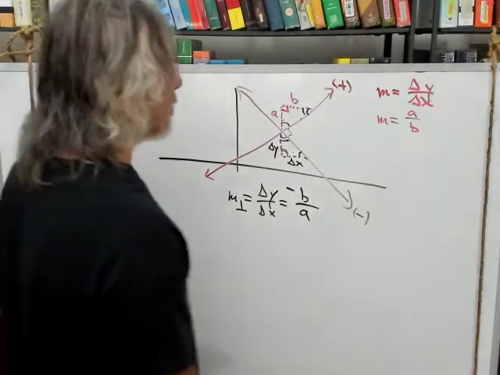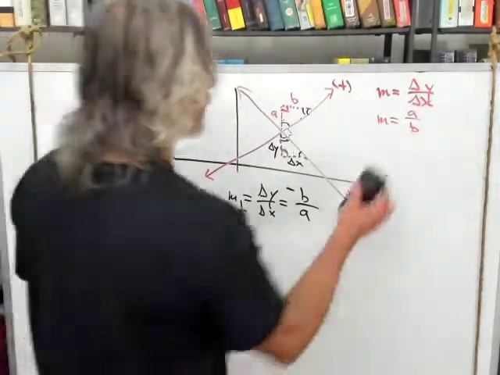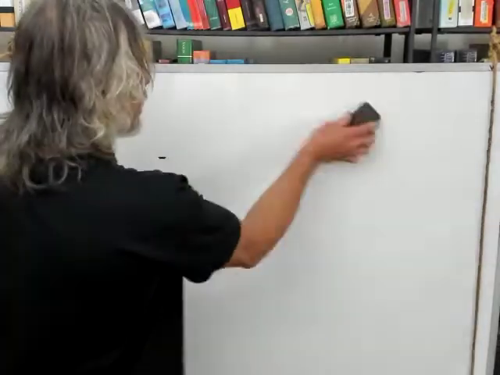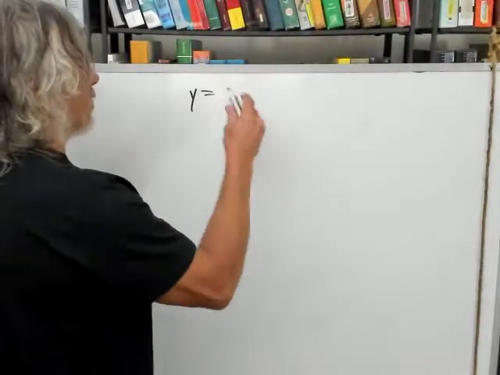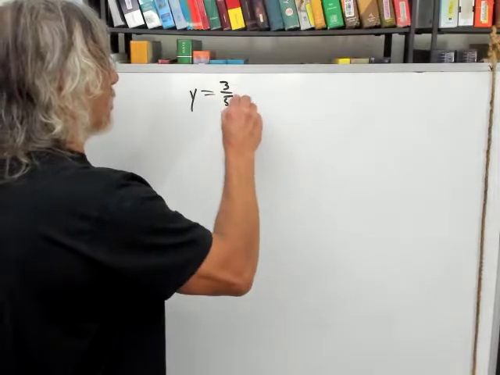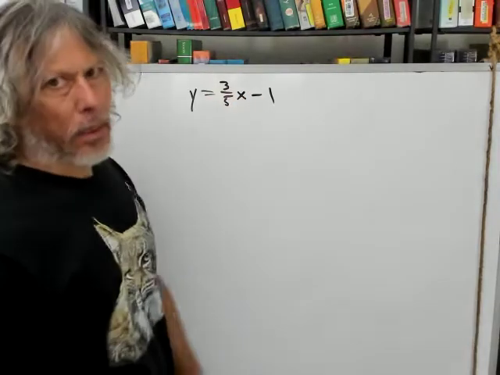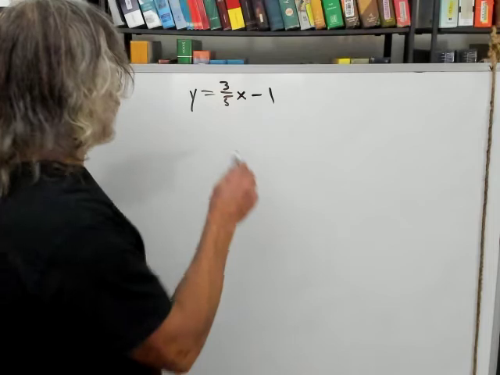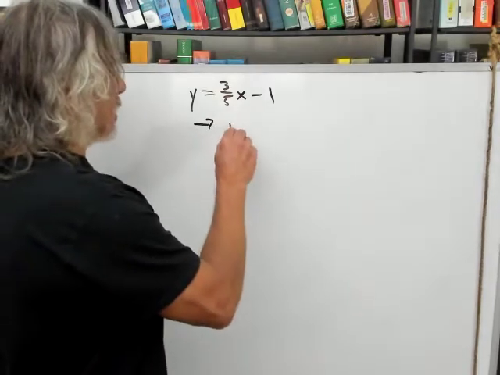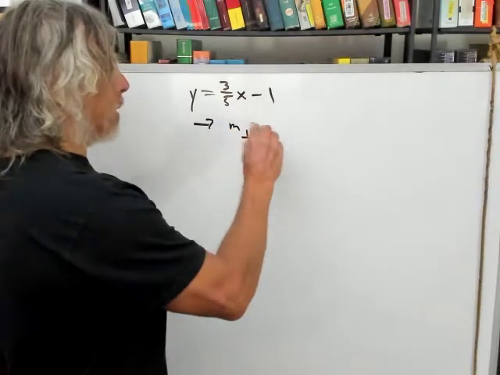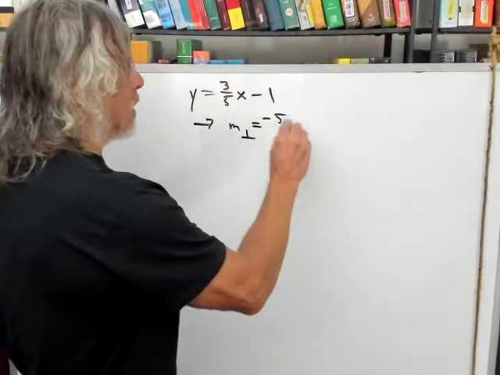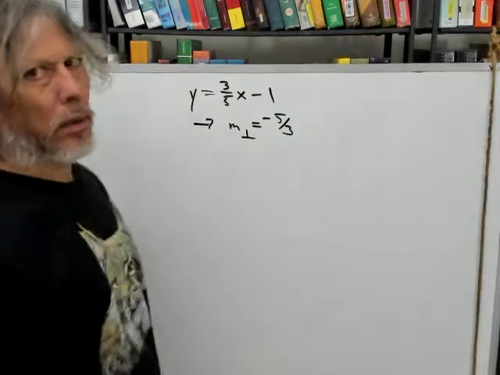So for example, with numbers, if we got that, and we want to get the slope of any line perpendicular to it, you flip it upside down and take the opposite. Easy.